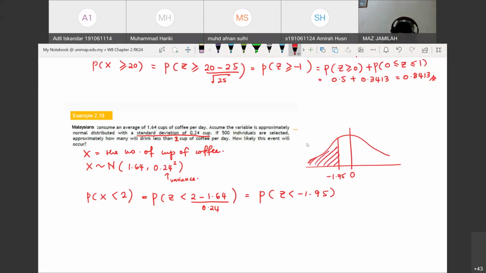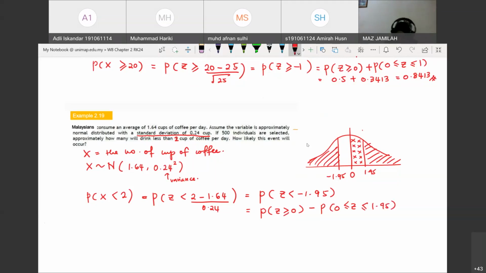And if we were to look at the area, negative 1.95 is somewhere over here. It is the same as talking about 1.95, which is the area here. Since from your first table, it will be this area that is given in your table, you will have to use P(Z greater than 0) minus P(Z from 0 until 1.95).